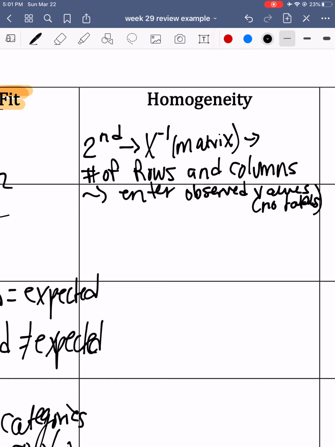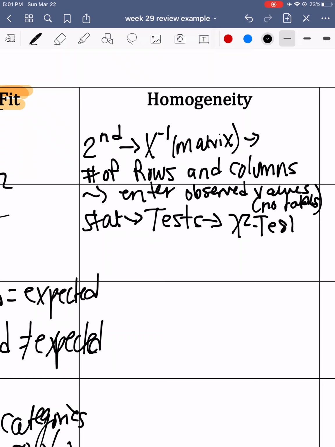After we do that, we can press Stat, go over to Tests, then the chi-square tests, and it should give you matrix A. Then just press Calculate. That will give you your chi-square test statistic and your p-value as well as your degrees of freedom.